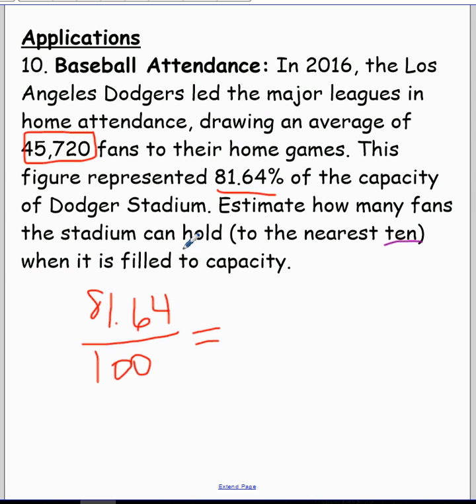So how many fans the stadium can hold would be the total amount. So that's our unknown. So the total amount the stadium holds is our unknown B, and the 45,720 is our A value. Again, now you can do the rest. Go ahead and cross multiply and figure it out.